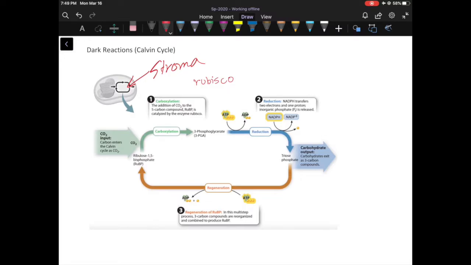So it's a pretty long word, but basically what this enzyme does is it's responsible for the carboxylation of our CO2 molecule onto a 5-carbon molecule known as ribulose 1,5-bisphosphate.